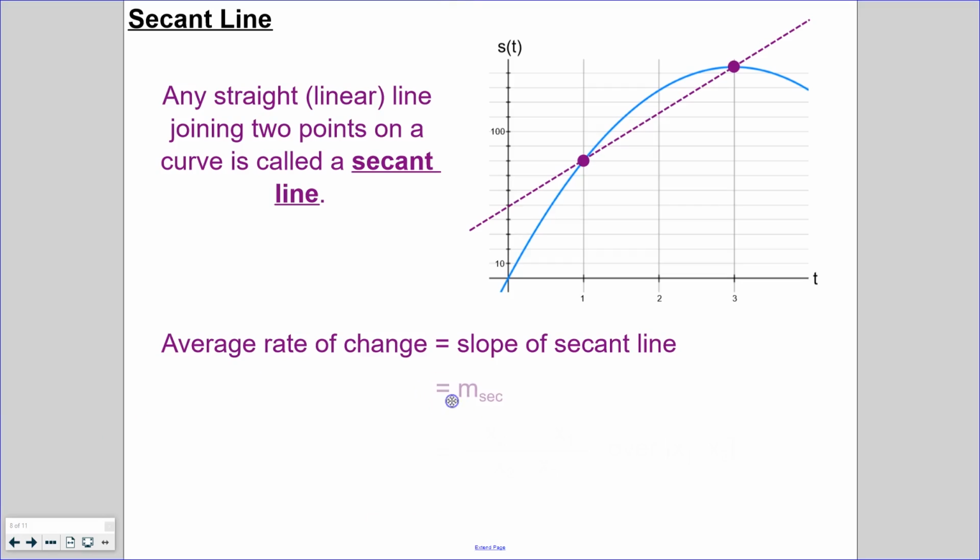And then the notation that we sometimes use to represent the slope of a secant line: we know slope is the variable m, and then to identify this as the slope of the secant line, we are going to have the little SEC for secant. And to take this even one step further, we know that slope is going to be f of x sub 2 minus f of x sub 1 all over x sub 2 minus x sub 1, and this is the average rate of change on the interval from x sub 1 to x sub 2.